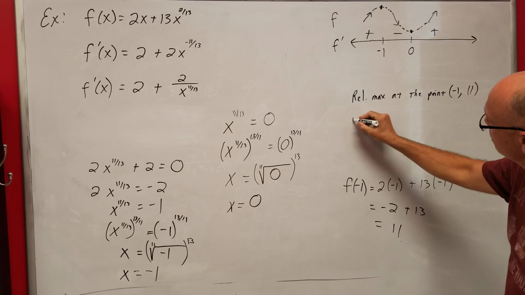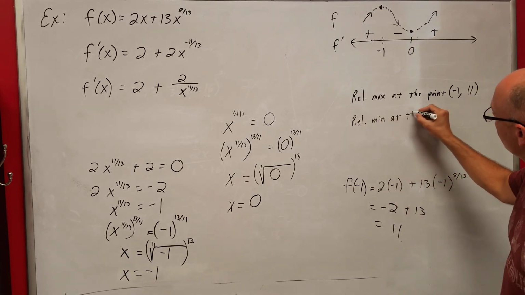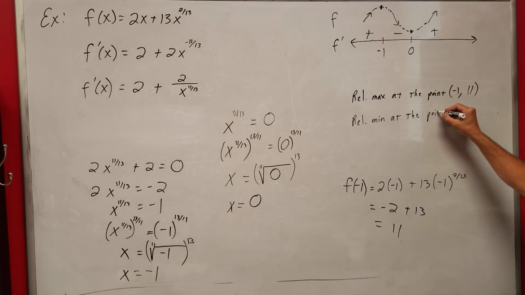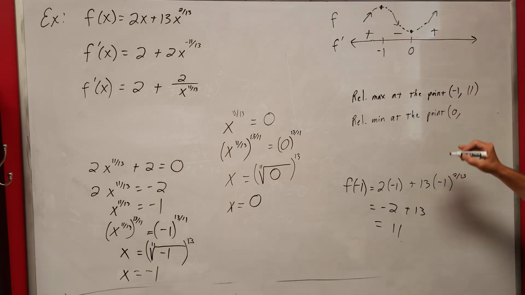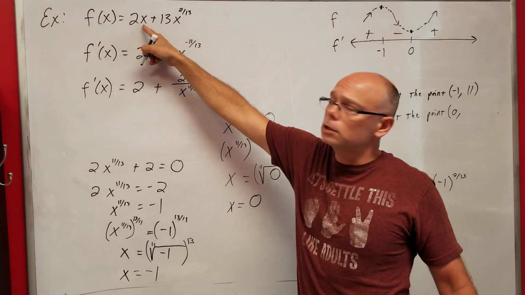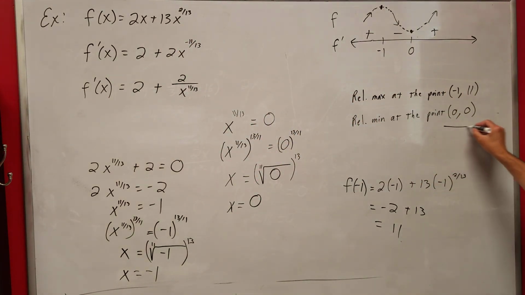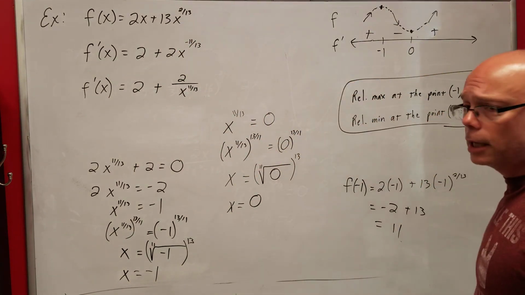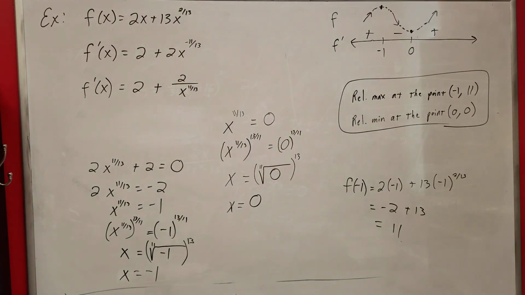Relative min. So relative min at the point 0, comma what? Take the 0 and plug it into your original function. And what do you get out? 0. There's my relative max, relative min, and they told me to list it as an ordered pair. There we go.